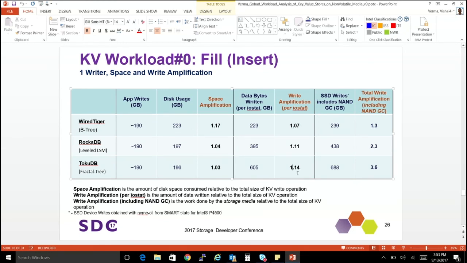Yes. But this should be 605 divided by your app writes to get 600. Yeah. It seems the values are fine. It's just the calculation. Okay, how are you computing? This should be 3 point something.